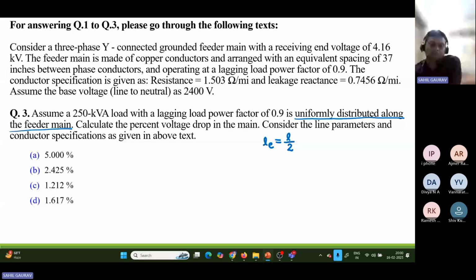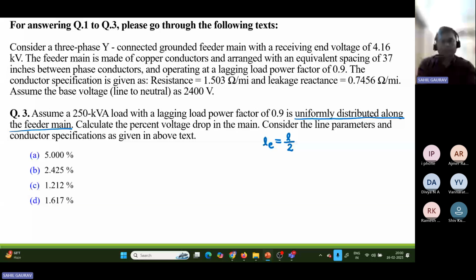The correct answer is 1.2125, so C is the correct answer. The answer is directly a percentage, so there is no need to multiply by 100, because K is given in percentage.